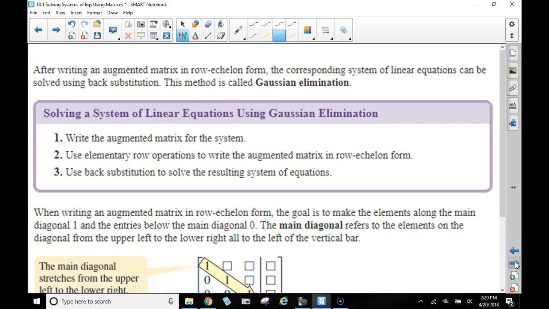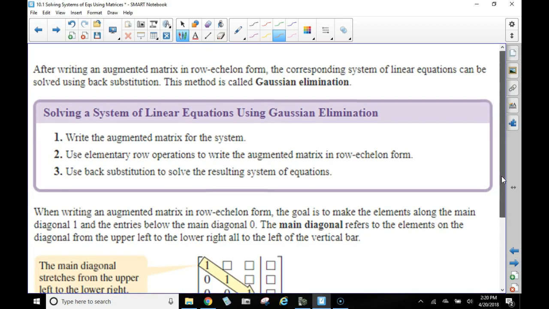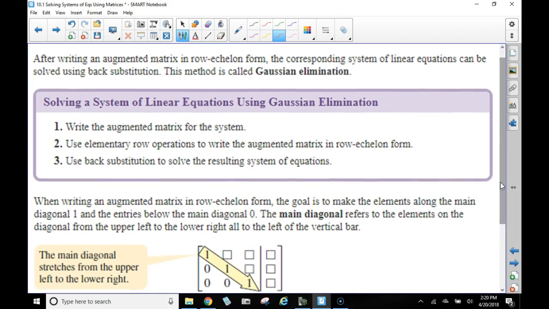Here we're going to talk about what it means to solve a system of equations by using the method of Gaussian elimination. You're going to first of all write the augmented matrix for the system. That's a pretty easy thing to do. Just put it in matrix form. The second thing is we're going to use elementary row operations to write the augmented matrix in row echelon form.